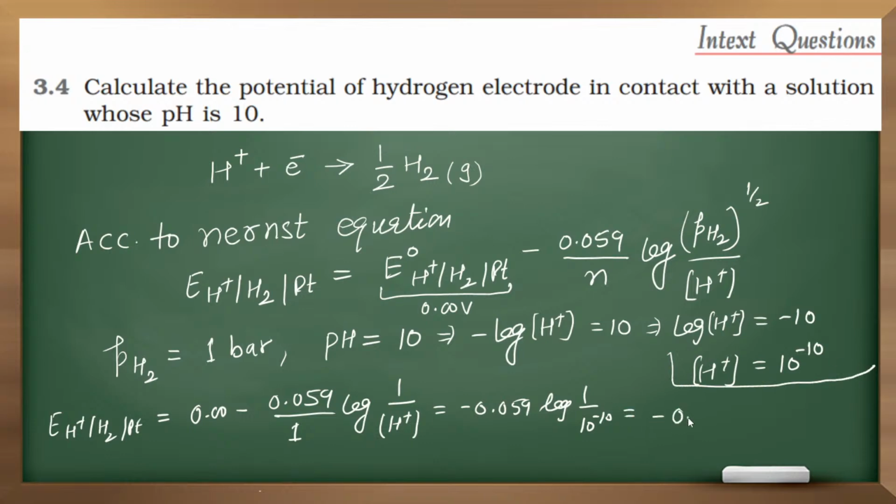It is minus 0.059 into log of 10 raised to power 10. So it is minus 0.059 into 10, meaning it is minus 0.59 volt. So this is the value of the electrode potential of the hydrogen electrode. Okay.